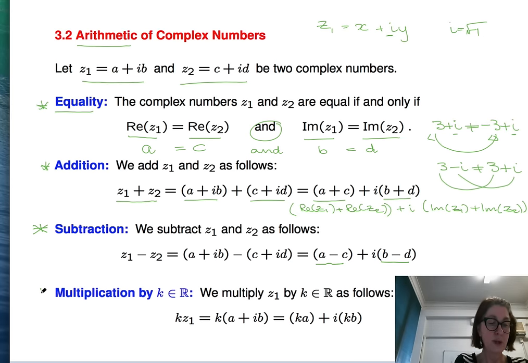We can also, and here we're not talking about complex multiplication, we're talking about scalar multiplication. You'll remember we did that in vectors too. We started off with this idea of a scalar multiplication before we talked about vector multiplication. So what we're talking about here is a scalar, just some real number k, times the complex number z1, and our z1 is a plus ib. When we do the scalar multiplication, we just multiply the real part by k and we multiply the imaginary part by k.